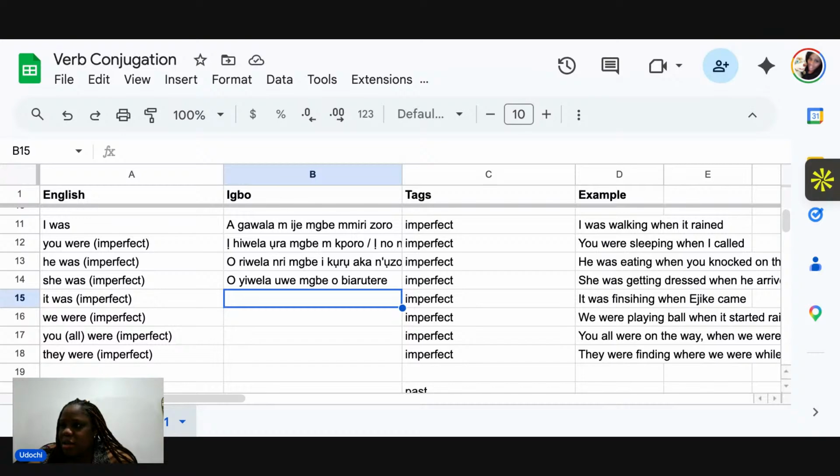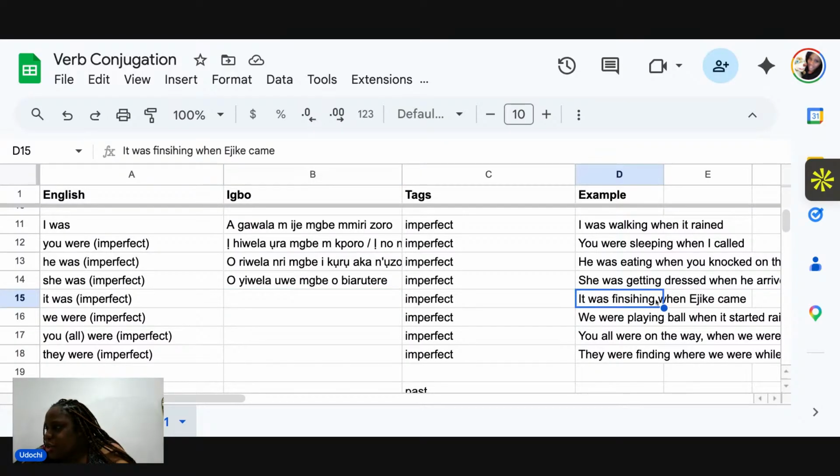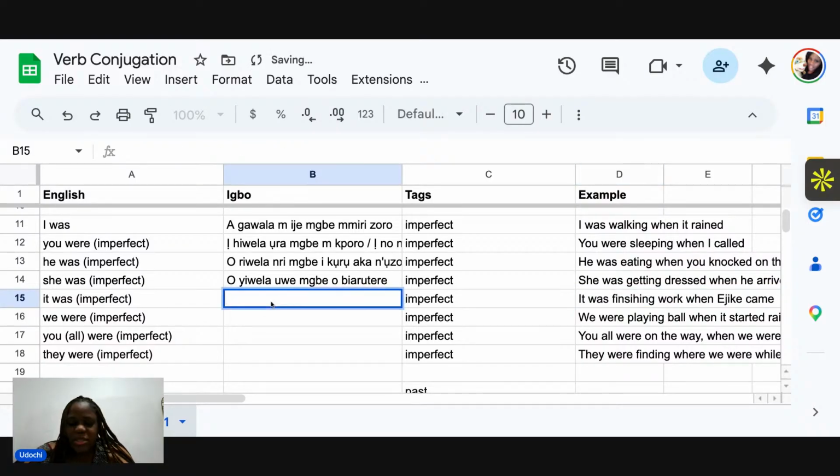Finishing what? That's the thing. You have to be able to conjugate. This is kind of weird. Finishing what? Let's say he was finishing work when Educate came.